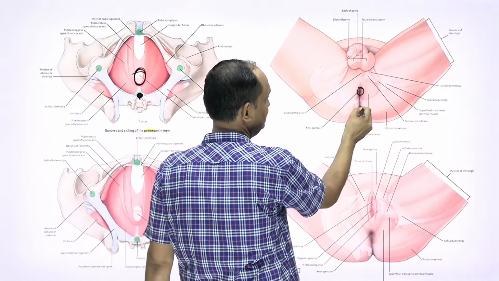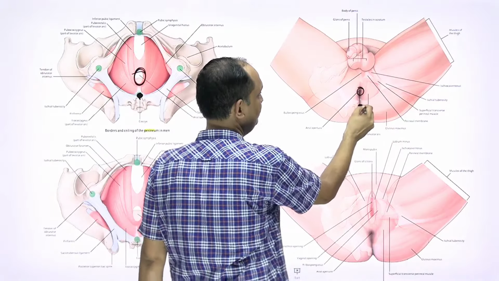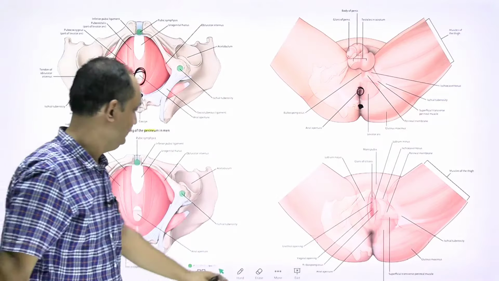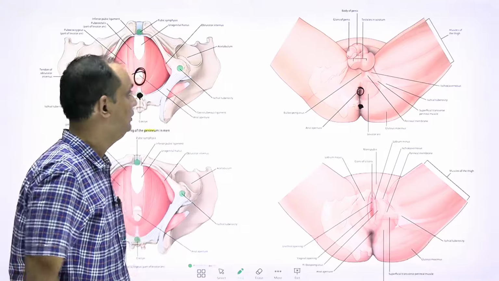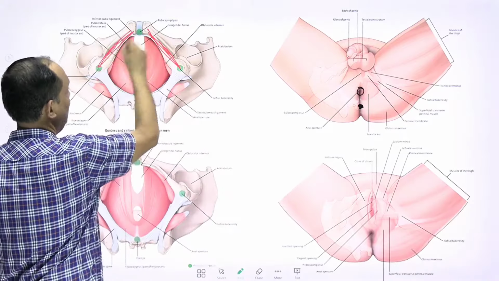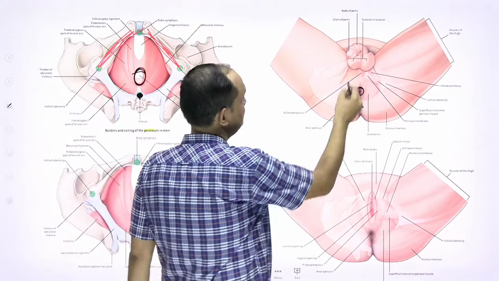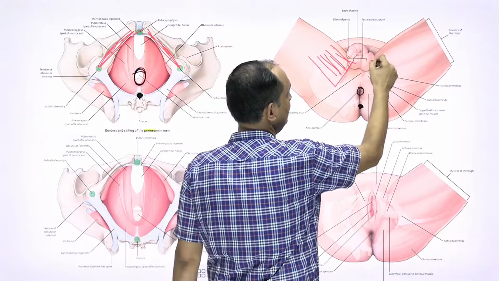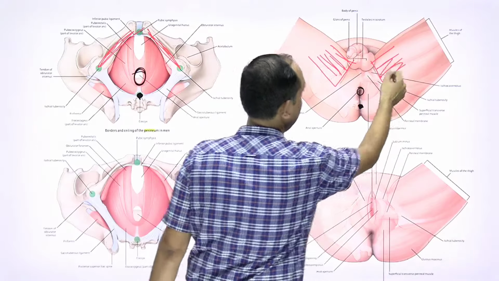You have to understand that posterior to the anal canal you will find this point, the tip of the coccyx. On the sides you have the conjoint ischiopubic rami, and in a living person this area is covered by the uppermost part of the medial compartment of the thigh.